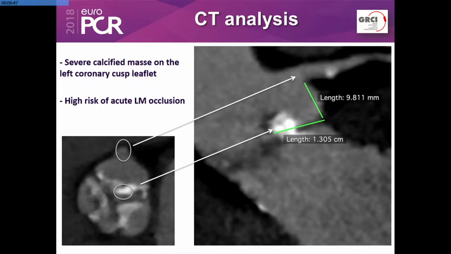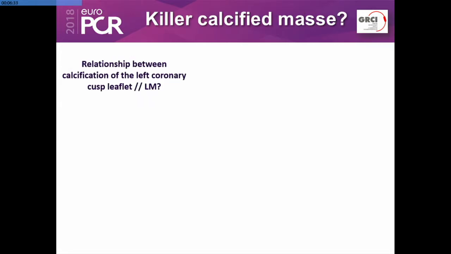Due to the different lengths between the annulus and left main, and the annulus and the distal part of this cusp, I was afraid of the risk of acute left main occlusion during TAVI implantation. Nevertheless, after a long discussion we decided to try to perform TAVI, with special attention to the relationship between the calcification and the left main during implantation.